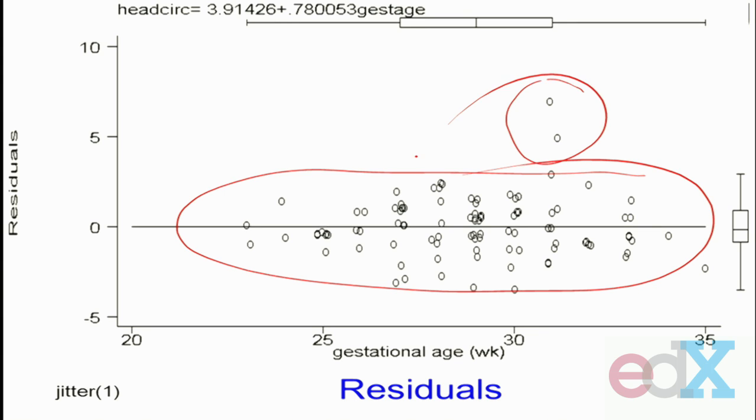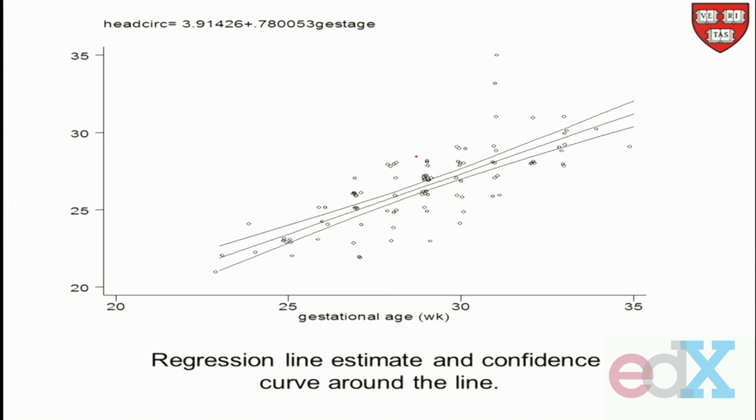There are a couple of points out here that are a little problematic, but apart from that, our assumption of homoscedasticity was fine. Our assumption of linearity was fine. There's no shape left in these. They look pretty flat, and so we seem to be okay.